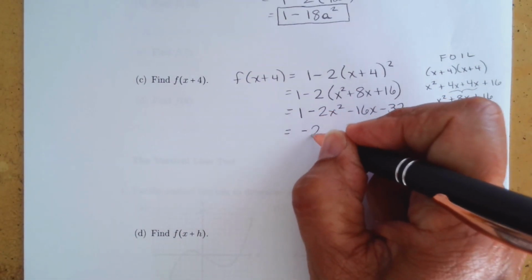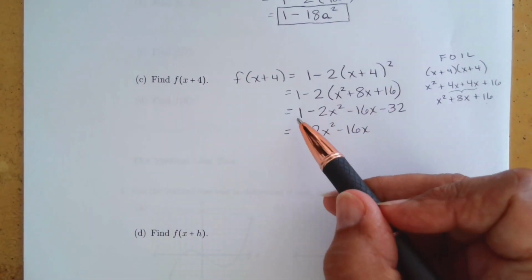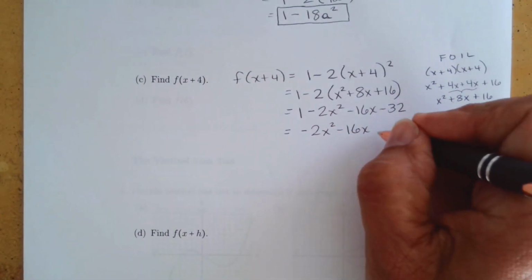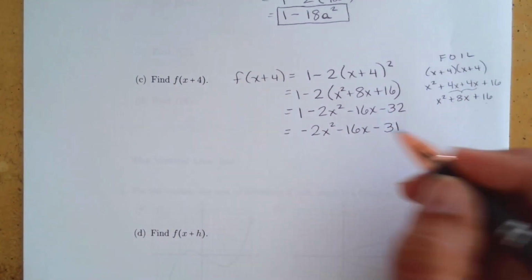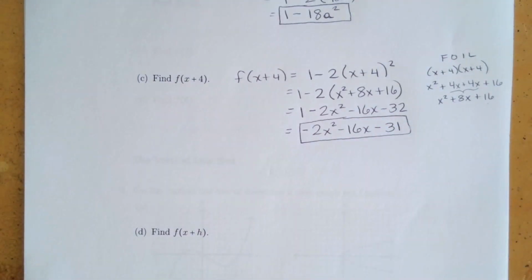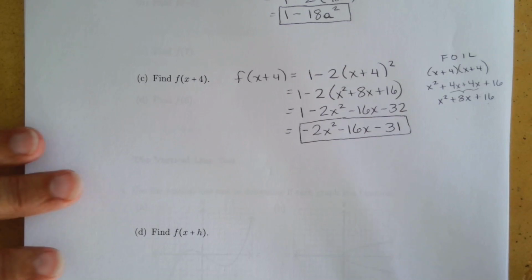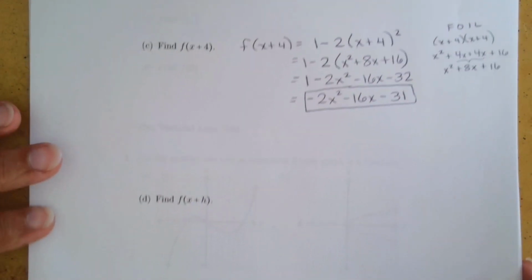So I'm going to put the negative 2x squared first, the negative 16x, and then 1 minus 32, that's minus 31. Okay, so that would be your answer, the output. Okay, all right. So hopefully you're getting the hang of this. You're just substituting in whatever it is that you see, whatever you're given, in for x.